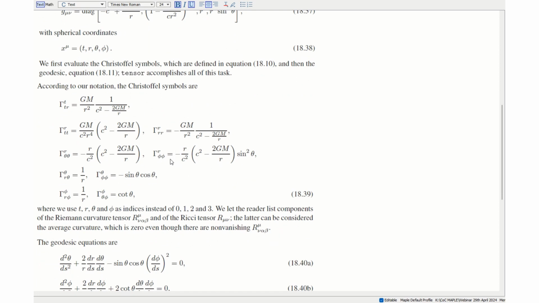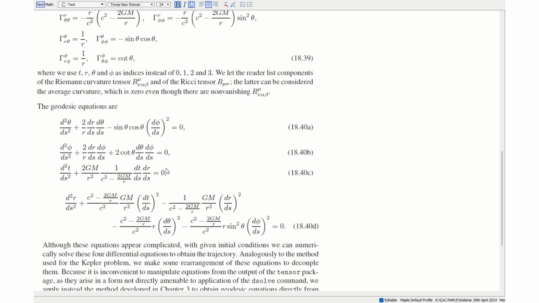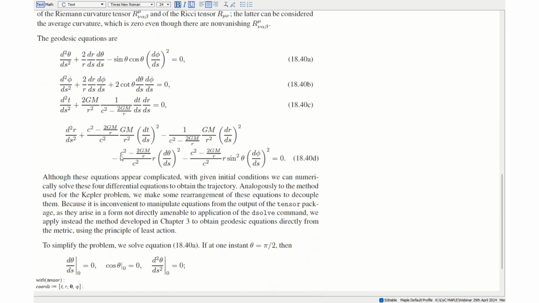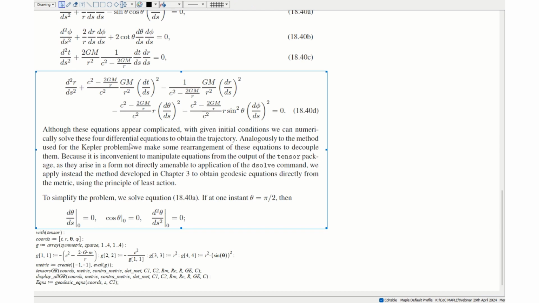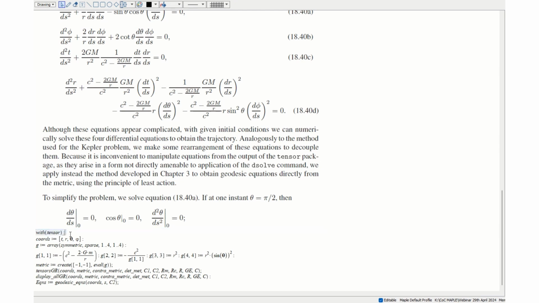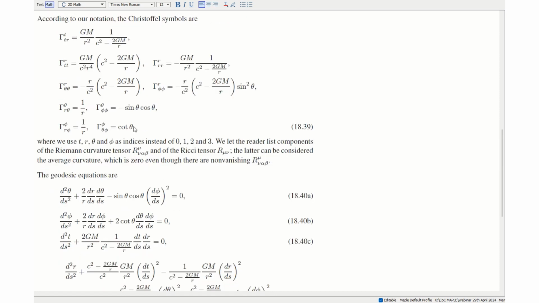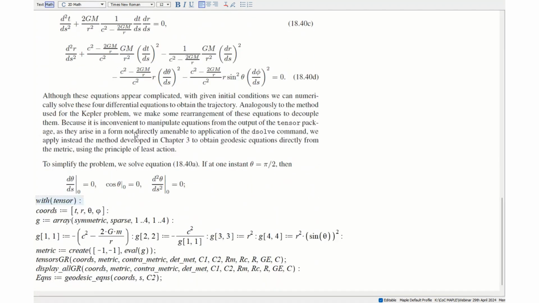If you do it manually, it will take a lot of effort, and the geodesic equation is like this. So actually I want to show you the actual commands that we are going to use here, and the earlier part was an image of the book.